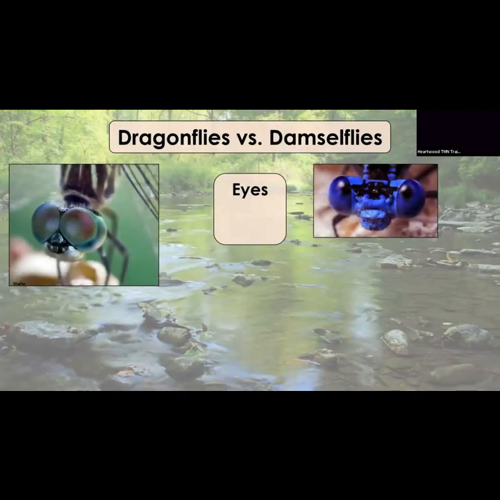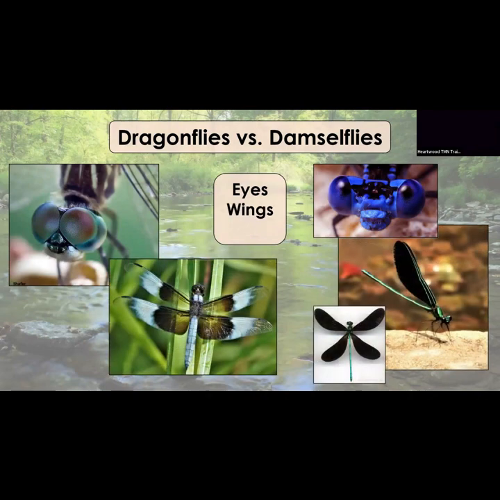So the main difference between dragonflies and damselflies comes down to three things. Their eyes. Do their eyes touch? That's a dragonfly. If they don't touch, it's a damselfly. How are their wings held? Dragonflies cannot hold their wings flat over their back, like a butterfly.